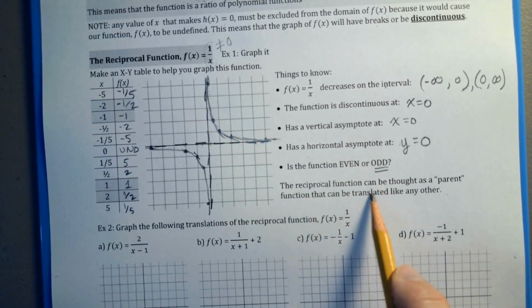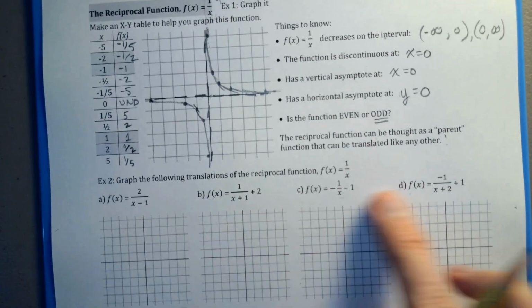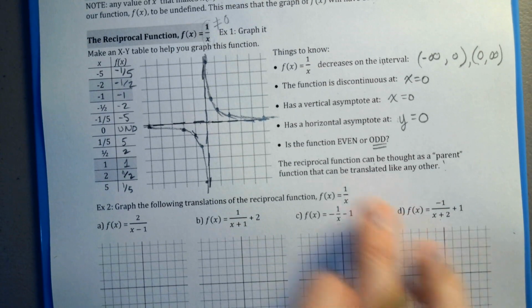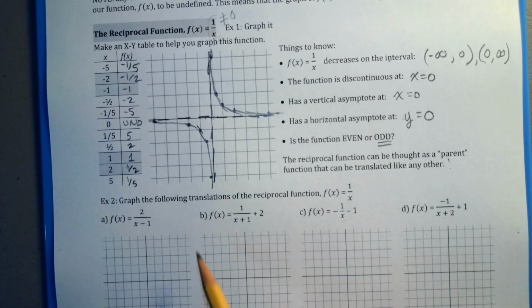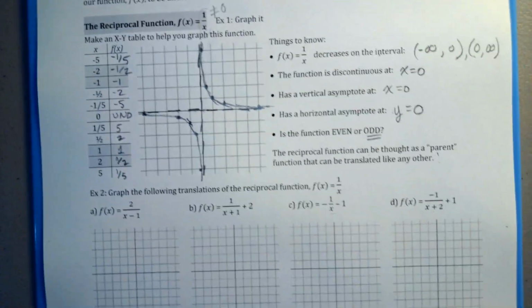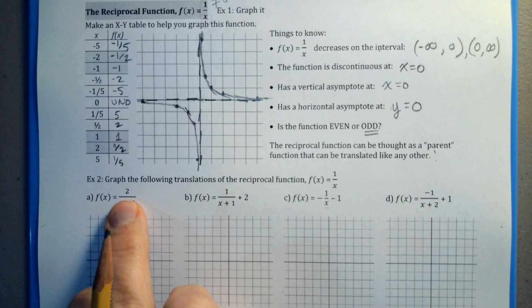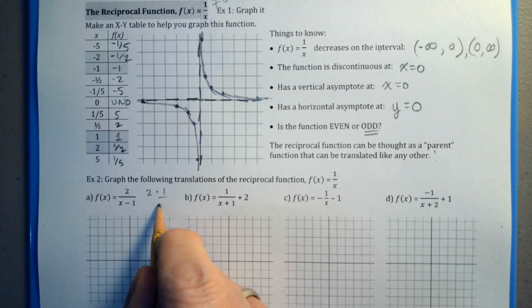Okay, the reciprocal function can be thought of as the parent. And then these functions all are sort of versions of that, transformations of that. So if this was the parent function, then what's 2? Well, that's like 2 times 1 over x.